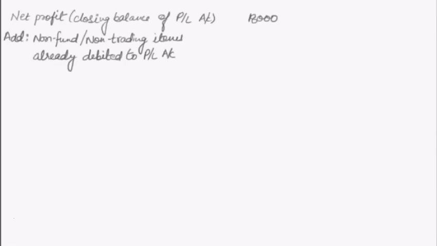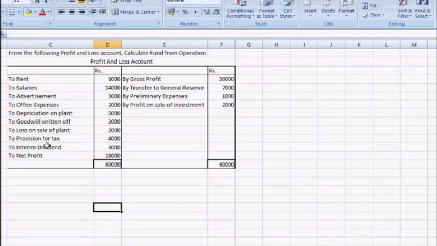So the first element that we have here is depreciation. So we write depreciation. The amount is 5,000.